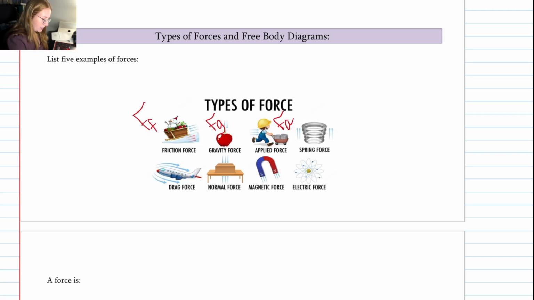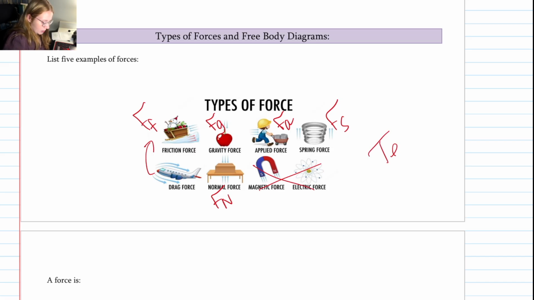Spring force is Fs. We don't really use electrical force or magnetic force, but if you did physics 2, physics 2 goes into electricity and magnetism. We also have normal force, which is represented by Fn, and then drag force is similar to friction, it's just with air. We typically don't have drag force in AP Physics 1.